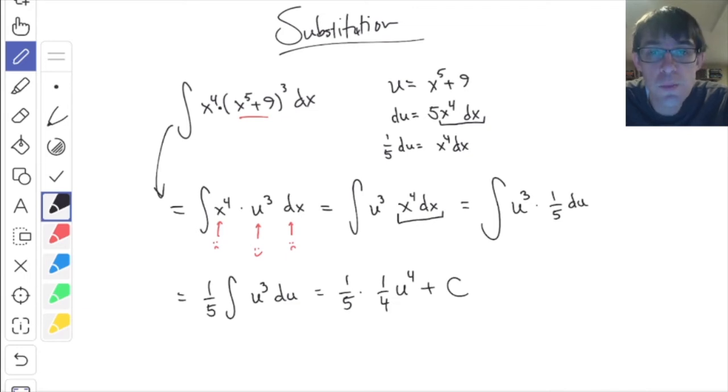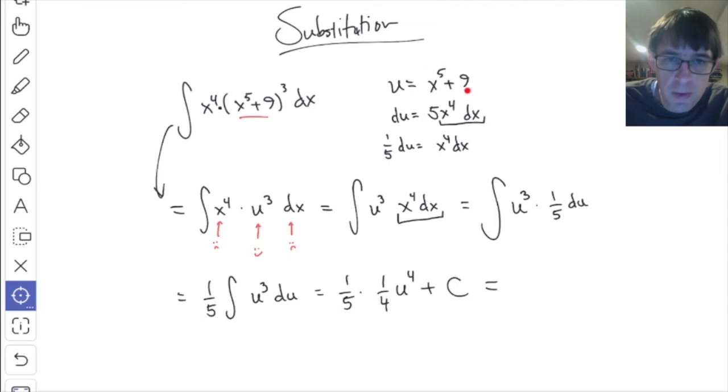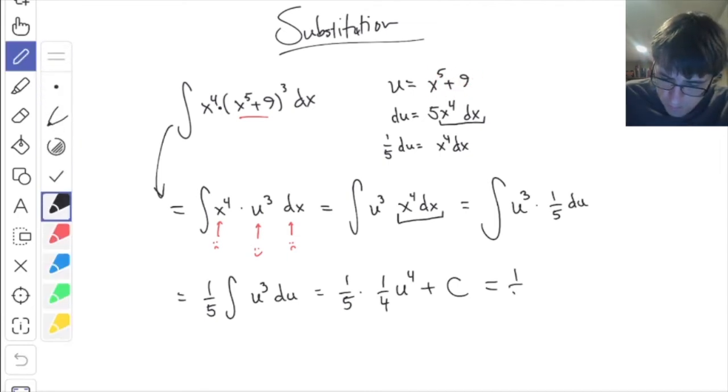Although there's always one simple step that we do at the end, because the original problem was stated in terms of x, I should write my answer also in terms of x. And so the final step is always to just replace this u here and write it as whatever it equals in terms of x. So I'm going to fill in 1/5 times 1/4.